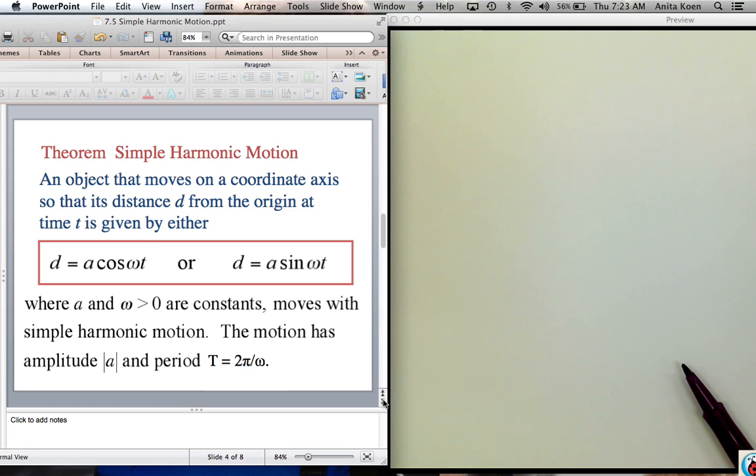A and omega are both greater than 0 and they're both constant. If this is the case, then this object moves with simple harmonic motion. The motion always has an amplitude of the absolute value of A, because remember, amplitude always has to be positive, and a period of 2 pi divided by omega.